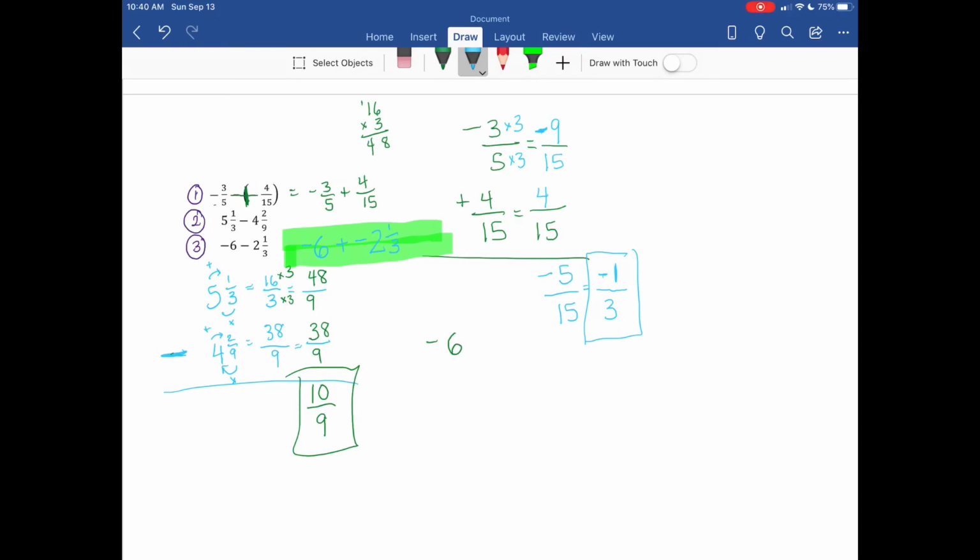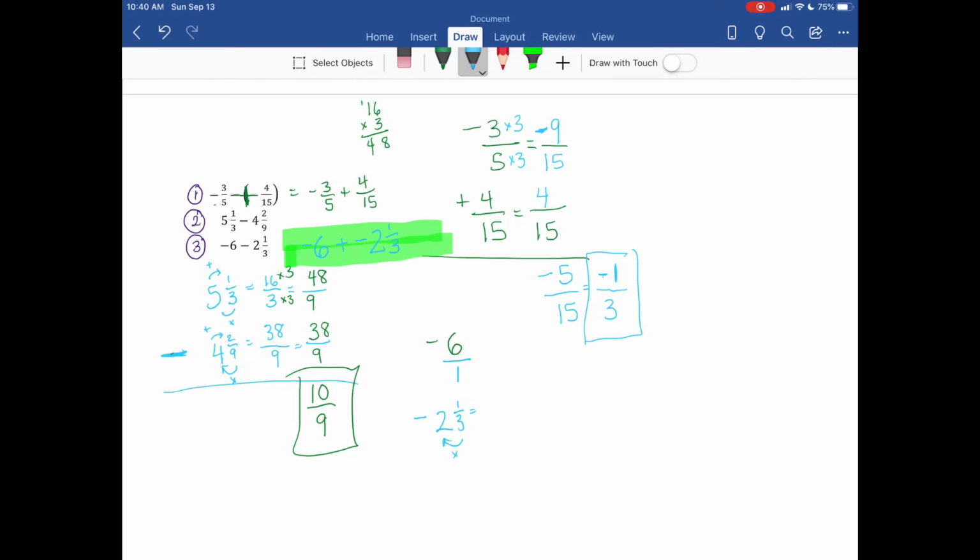But I am subtracting 2 1/3 from -6. So let's write -6 as a fraction since we're in this fraction mode. And then let's take that negative 2 1/3 and write it as an improper fraction.